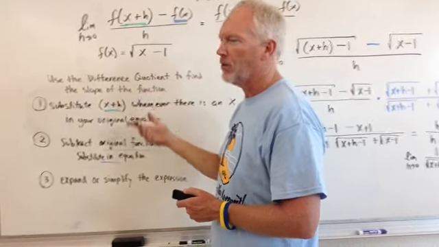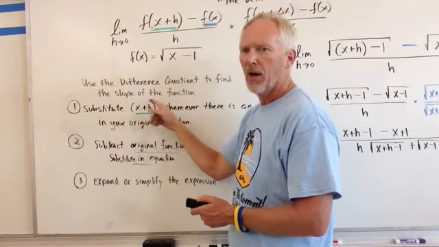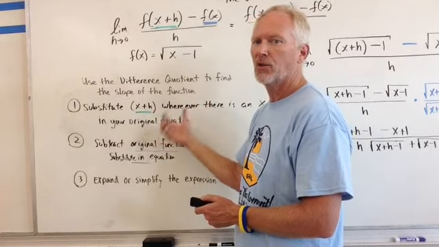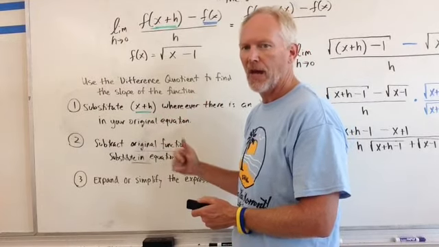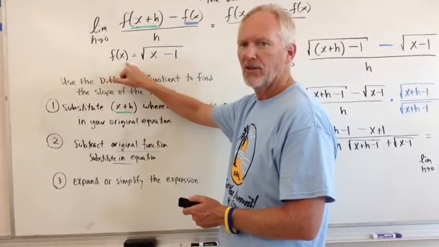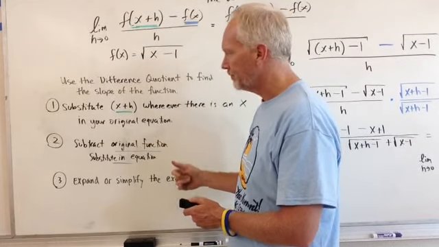The function they want us to use this time is, use the difference quotient to find the slope of the function, and then we'll apply that slope into writing the tangent line at that point. So, the function is f of x equals the square root of x minus 1.